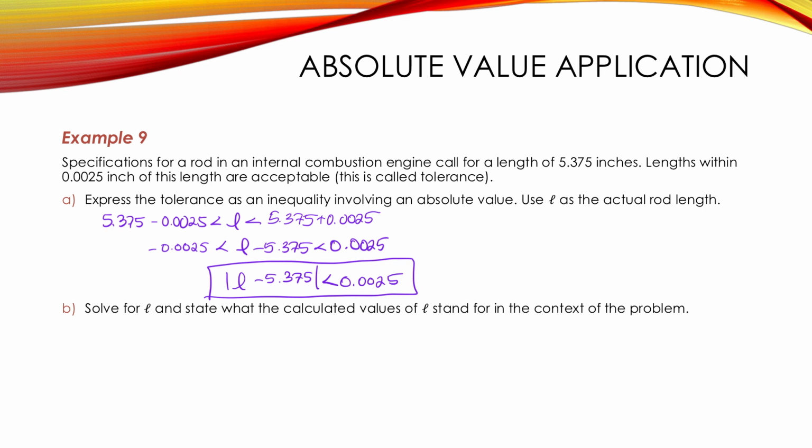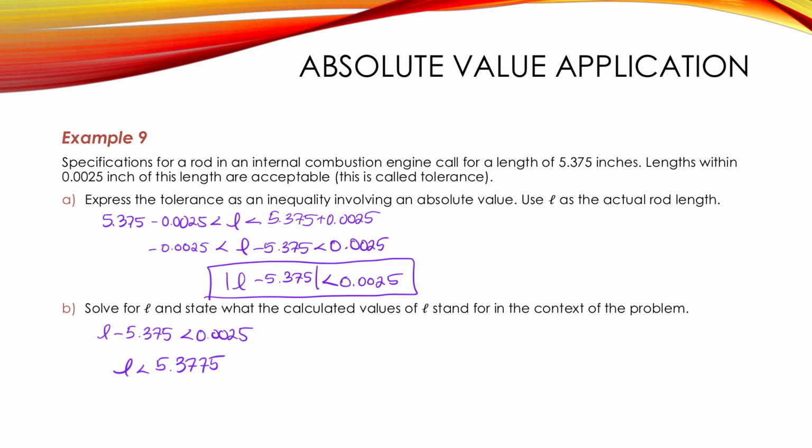So the question now is, how do we solve for L in the context of the problem? Well, if we look at our positive side, we know that L minus 5.375 has to be less than 0.0025, or L has to be less than 5.3775.